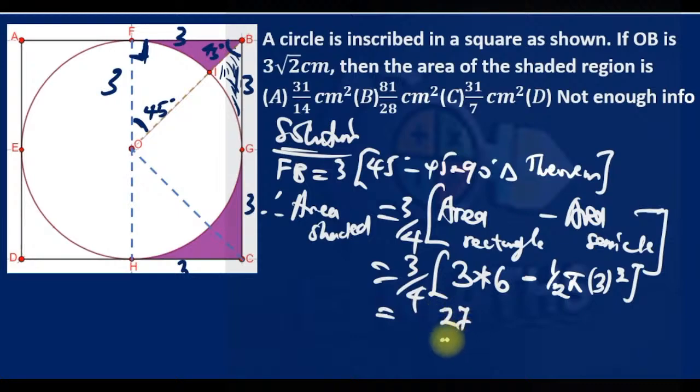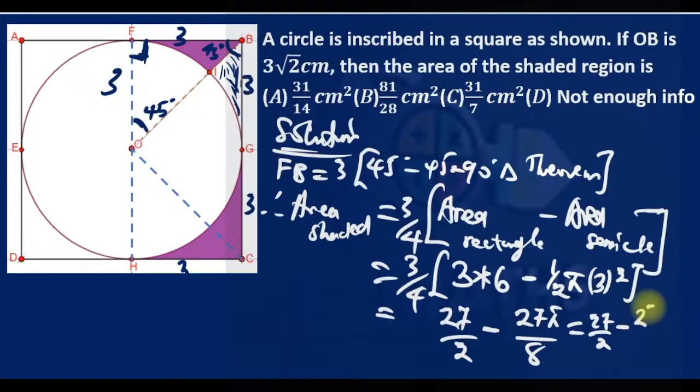We have 27/2 minus 27 pi over 8. But we don't have something like that, so they substituted pi as 22/7. So I have 27/2 minus 27 times 22/7/8.